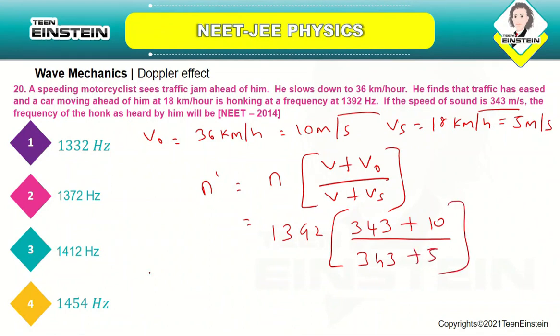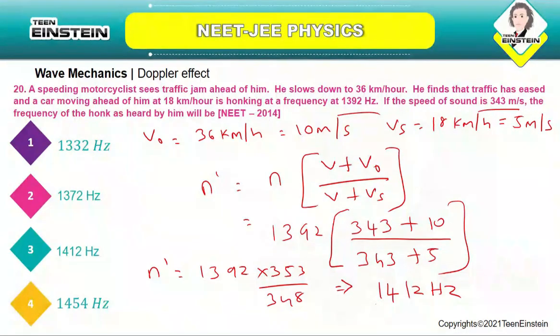So n dash will become 1392 into 353 by 348. If you solve this, you will get 1412 Hertz. So the correct answer is 1412 Hertz, option number 3.